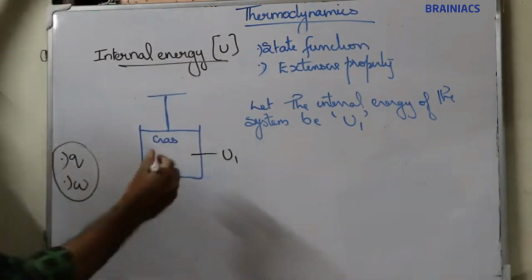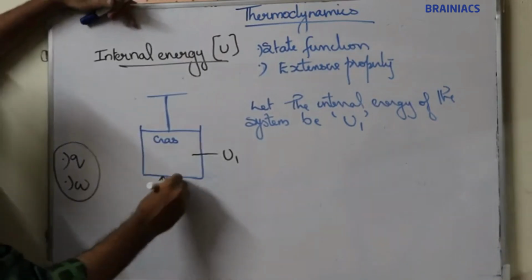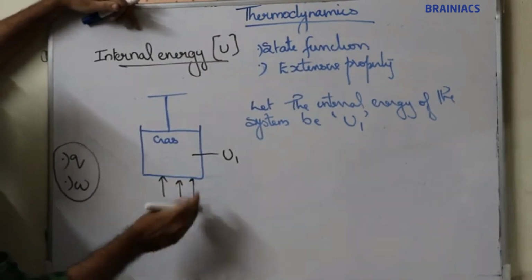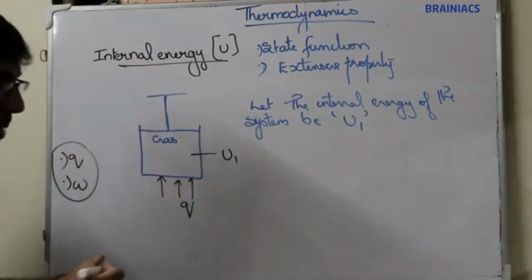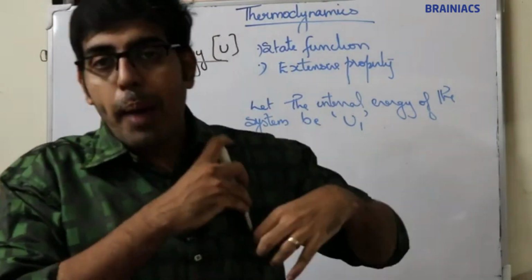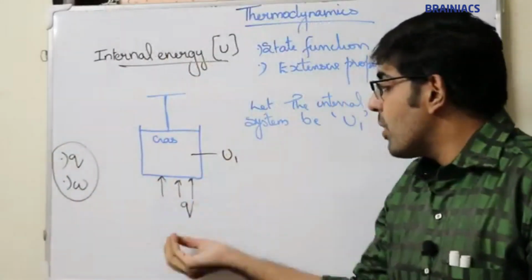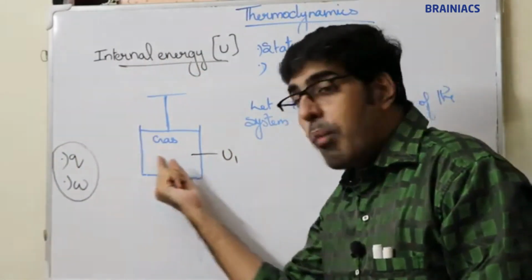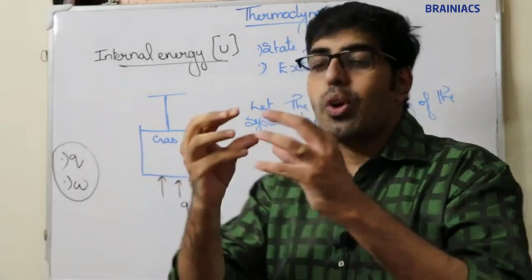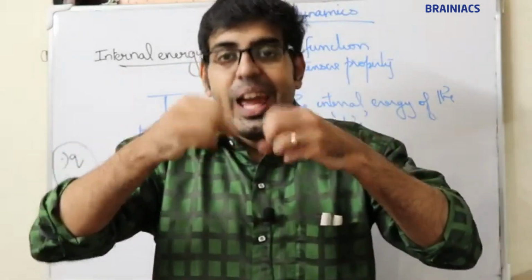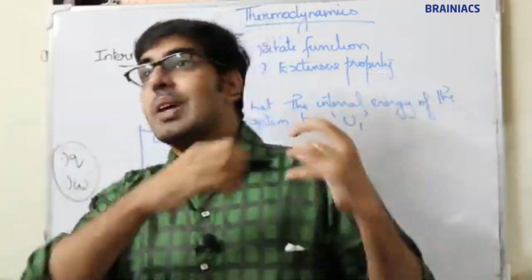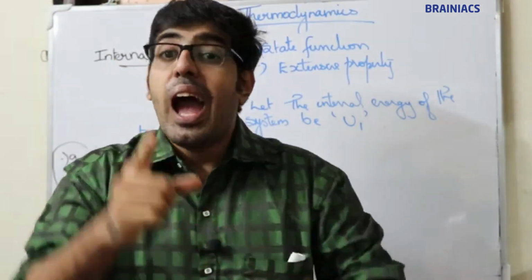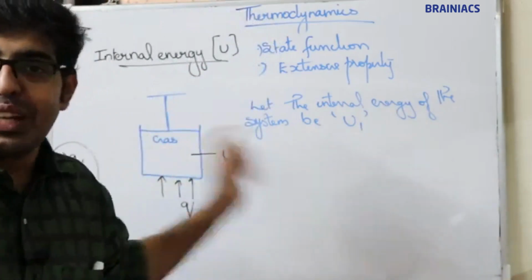For example, if I am heating the system, if I am supplying heat energy, obviously what happens? Each and every molecule will absorb that heat energy. As a result, their rotation energy will increase, vibration energy will increase, their translation energy will increase. As a result, internal energy will increase.